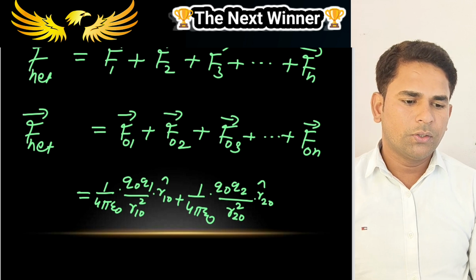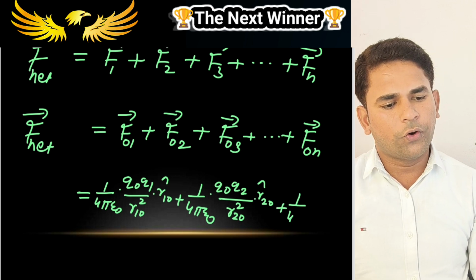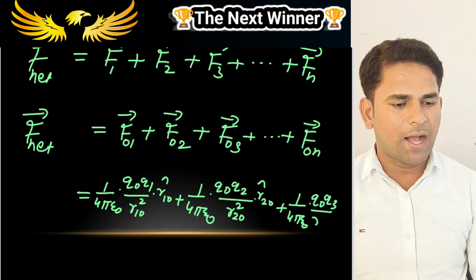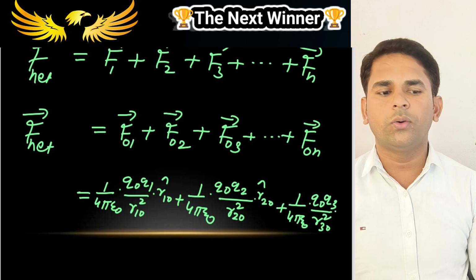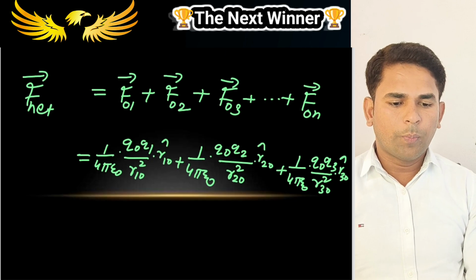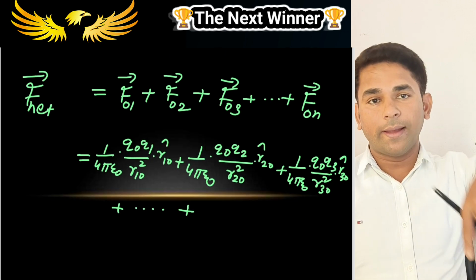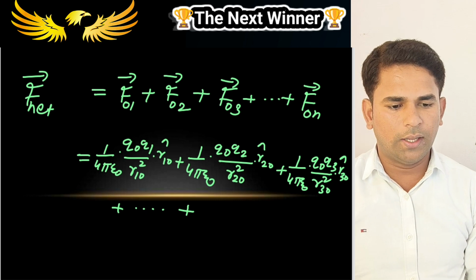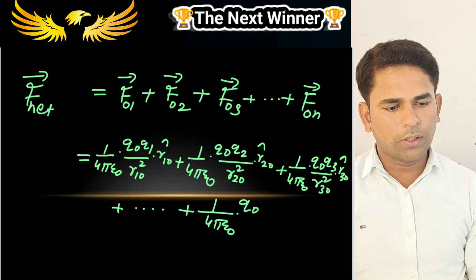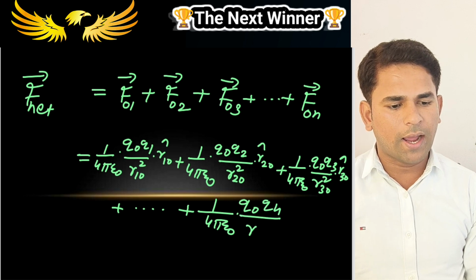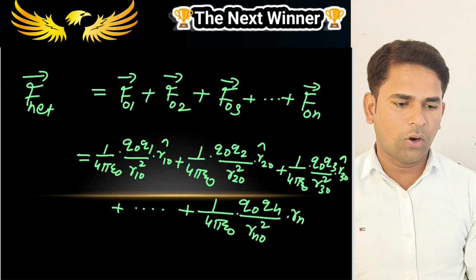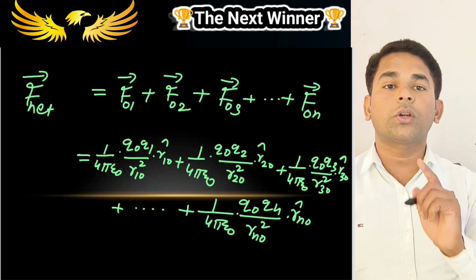Similarly plus 1 upon 4 pi epsilon naught into q naught q3 divided by r3 naught square into r3 naught cap. Plus dash dash dash plus, for the nth charged particle, 1 upon 4 pi epsilon naught into q naught qn divided by r n naught square into r n naught cap. Is it okay? So this is the total force.